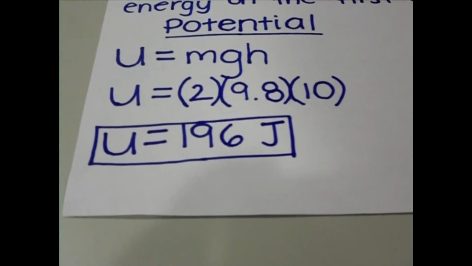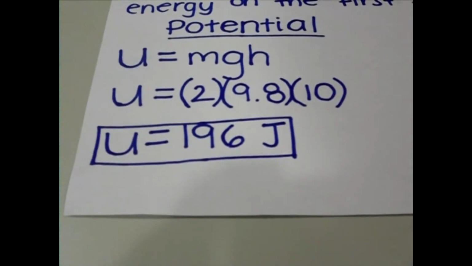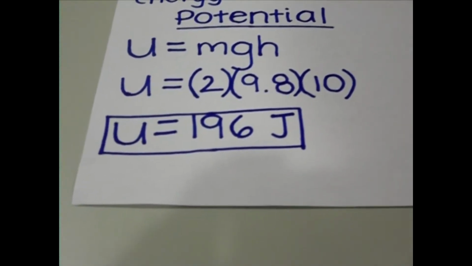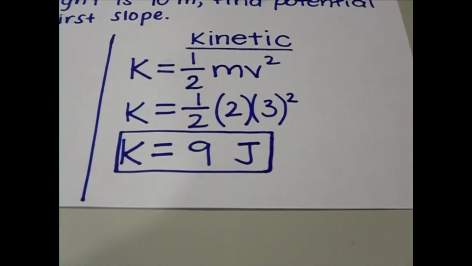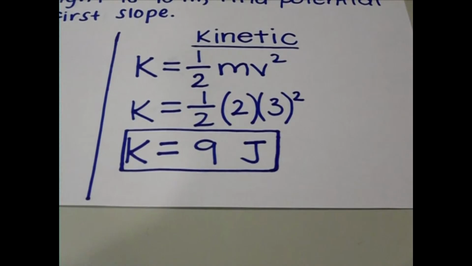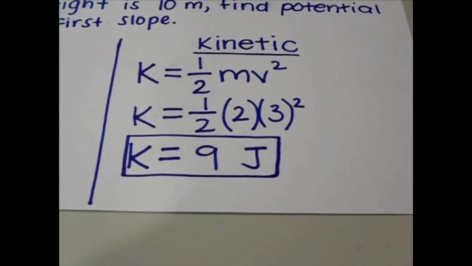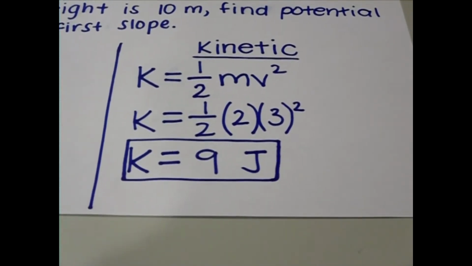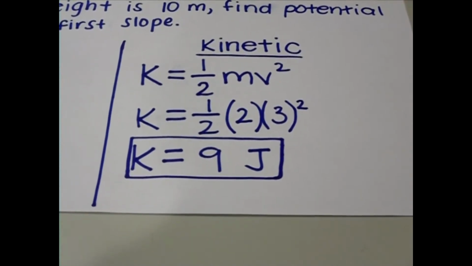So in this problem, you take 2 times 9.8 times 10 to find potential energy, which is 196 joules. Kinetic energy equals 1/2 mass times velocity squared. So in this problem, you take 1/2 times 2 times 3 squared, which equals 9 joules of kinetic energy.